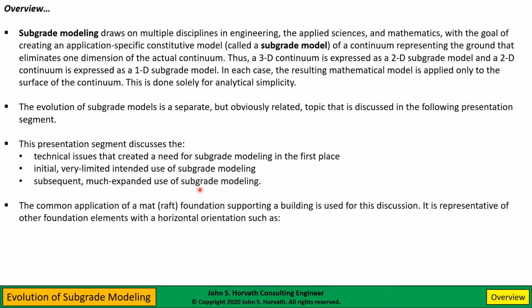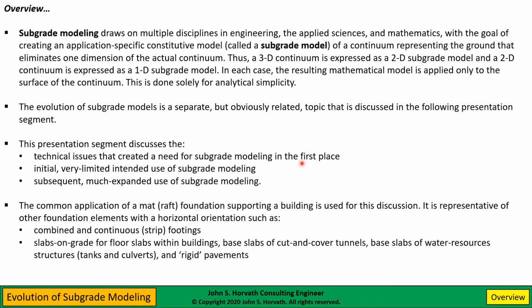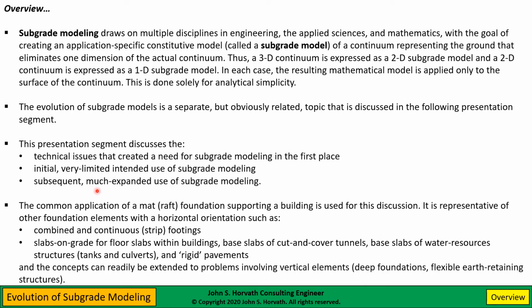And again, I'll continue to use the common example of a mat or raft foundation supporting a building for this discussion, but it is representative of other foundation elements with a horizontal orientation, such as combined or continuous footings, a slab on grade, say in a building floor, the ground floor of a building, base slabs of cut and cover tunnels, base slabs of water resources structures, tanks and culverts, as well as so-called rigid pavements.